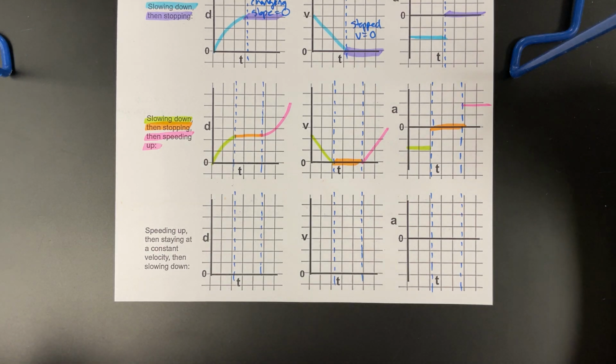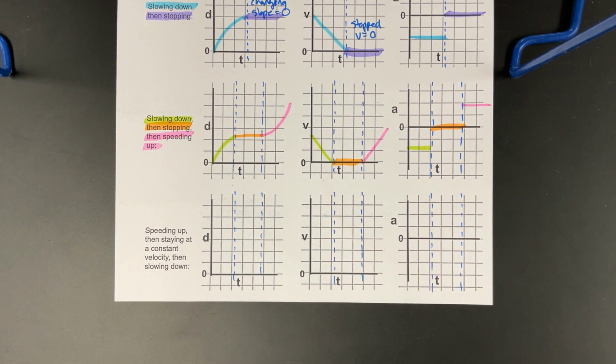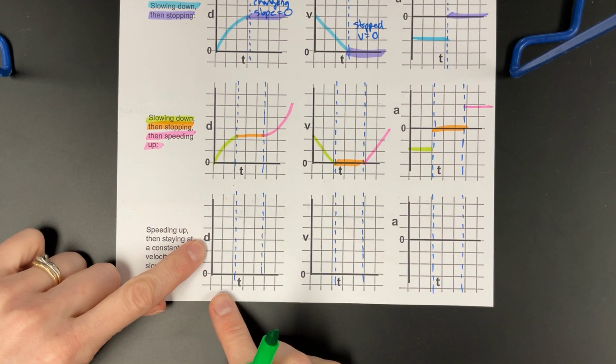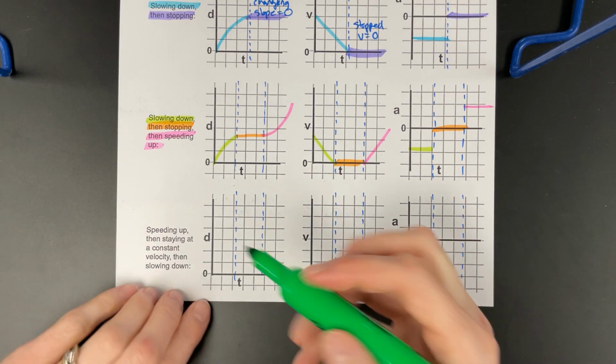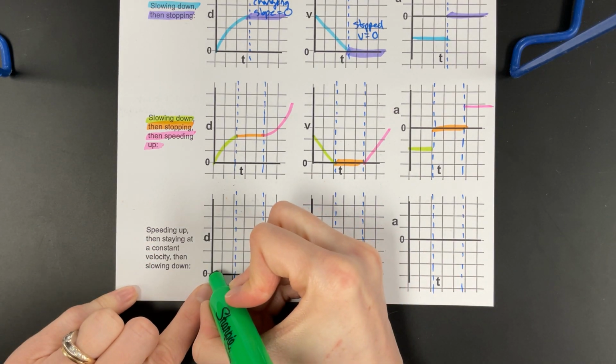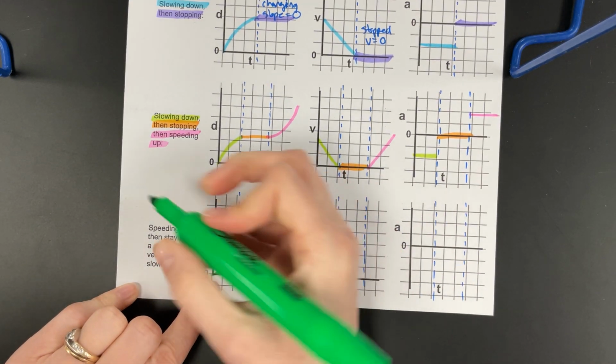All right, speeding up first. If I'm speeding up, what's happening to my slope on my distance graph? Well, it means my slope has to be getting greater, my speed's getting greater. So I'm starting shallow, but I'm getting steeper.